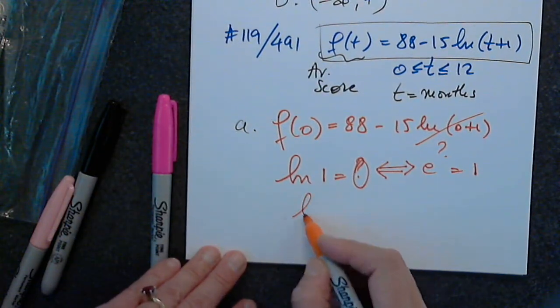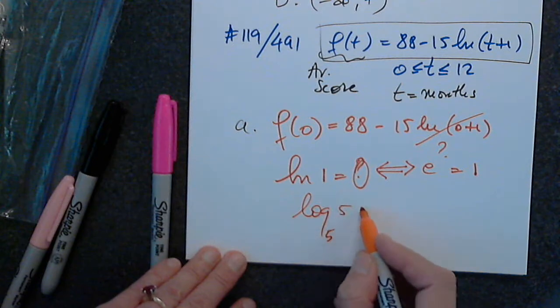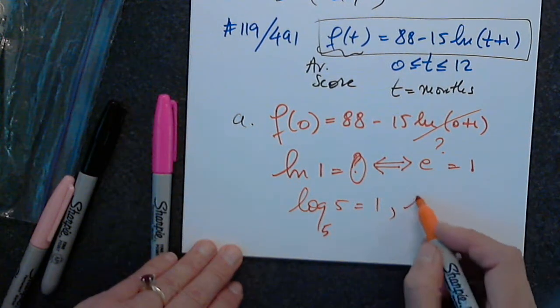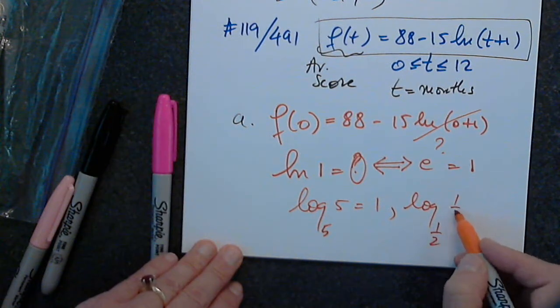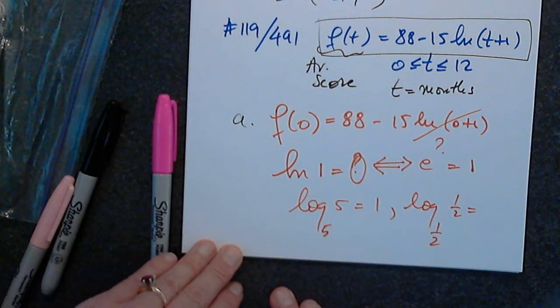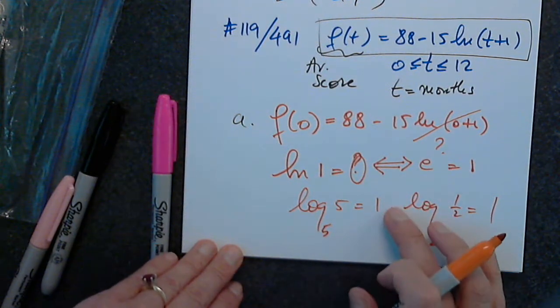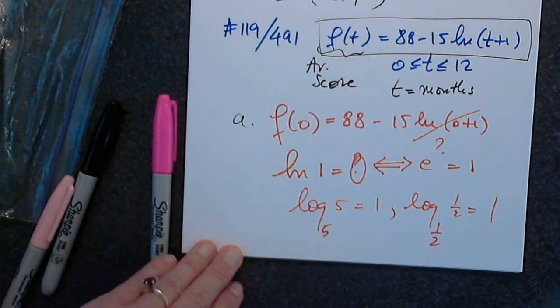Since we are here, what about log base 5 of 5? What do you think that equals? Exactly. What do you think log base 1/2 of 1/2 equals? Exactly. 1/2 raised to the first power is 1/2. 5 raised to the first power is 5.